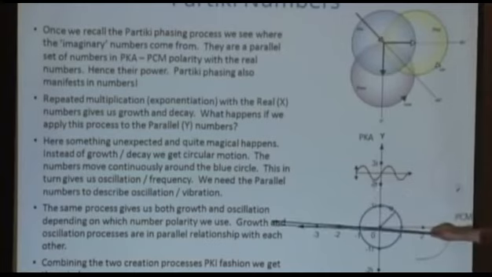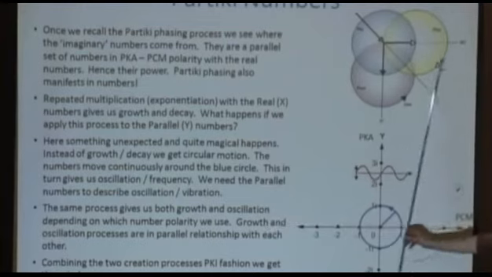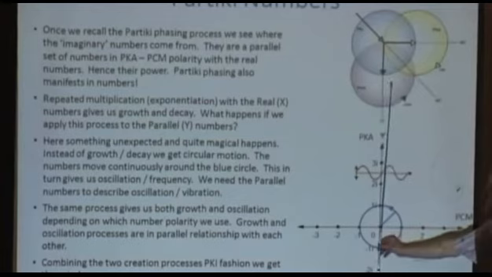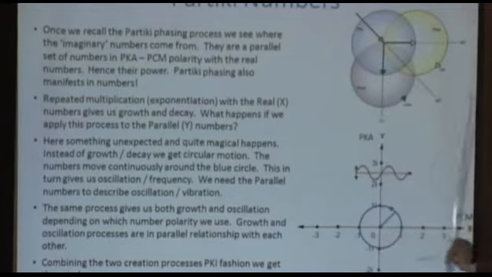We have our Particum numbers on the horizontal line, and the set of numbers on this 90-degree axis correspond to a parallel set of numbers. They come from the Partic-A side of creation. So what we have here is the interplay of two parallel sets of numbers represented by the original Partic-I phasing process. So that's where the numbers are coming from.